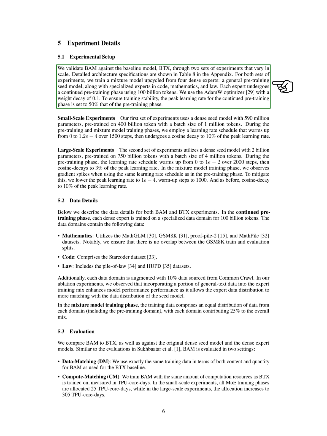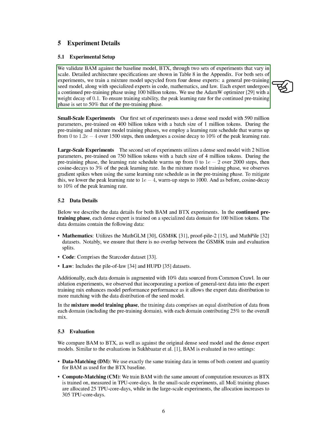Each expert is further trained using 100 billion tokens. We utilize the AdamW optimizer with a weight decay of 0.1. To maintain training stability, we set the peak learning rate for the continued pre-training phase to half of that used in the initial pre-training phase.